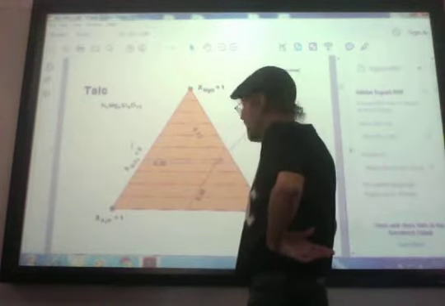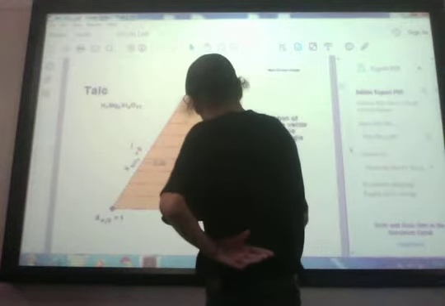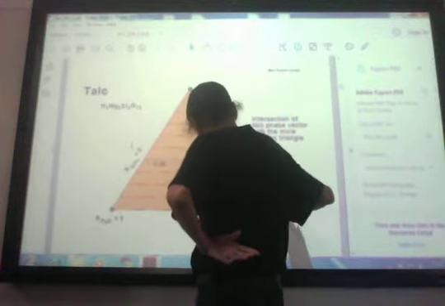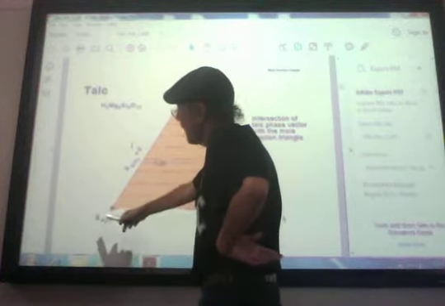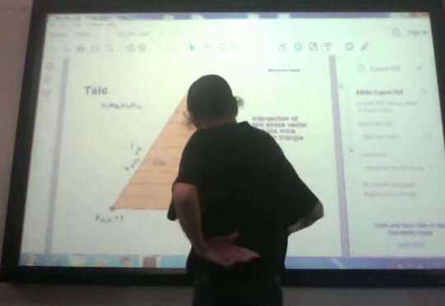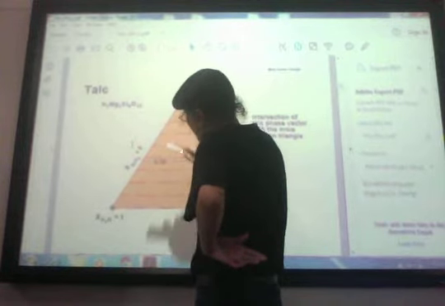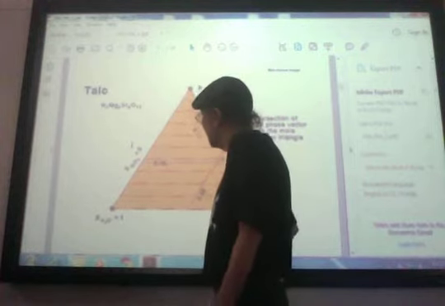And here the X silica is 1. Whereas here, the X silica is 0, and here the X silica is 0. Vice versa for the water. The X water here is 0, and the X water here is 0. So now you have to subdivide your triangle in lines.